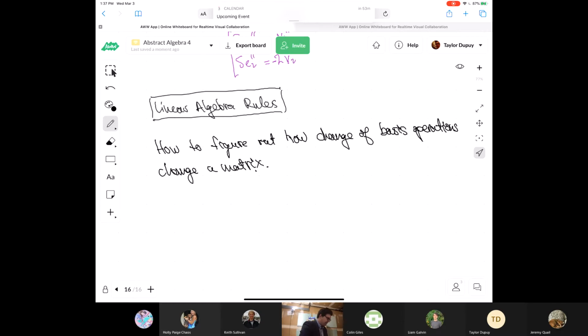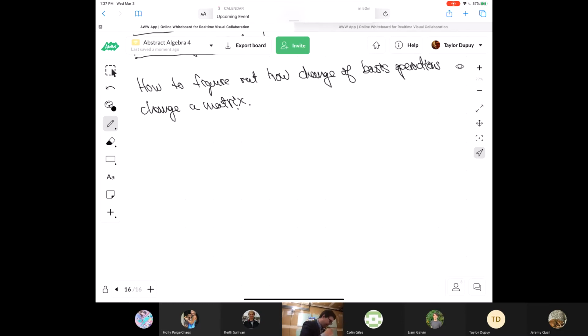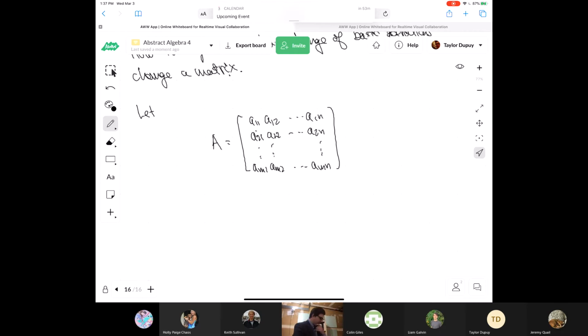So I always start with a matrix. Let A be the matrix with entries A11, A12, through A1n, A21, A22, through A2n, down to AM1, AM2, through AMN.